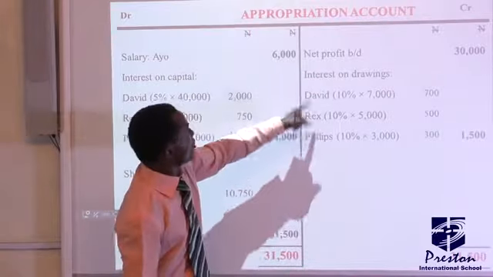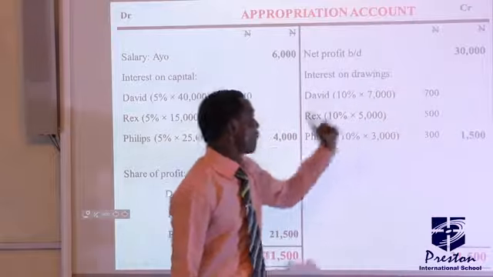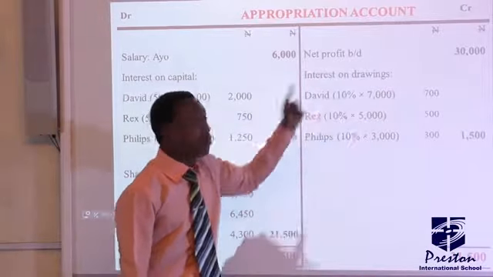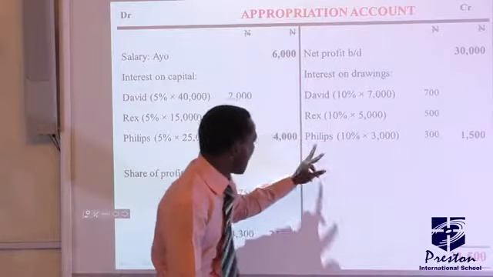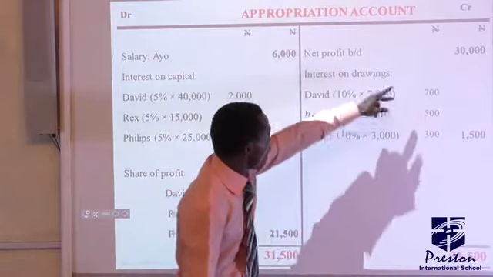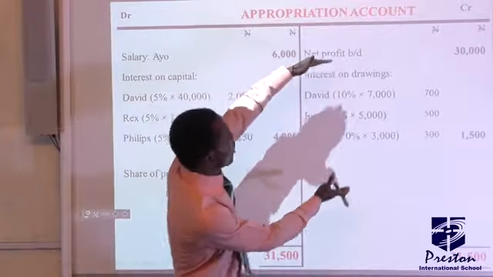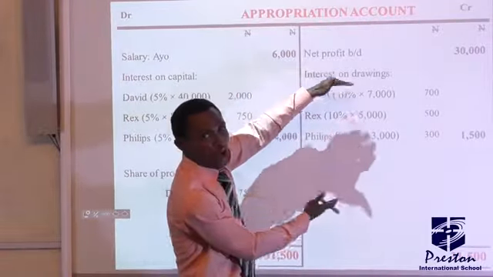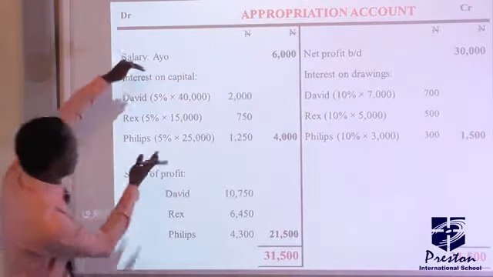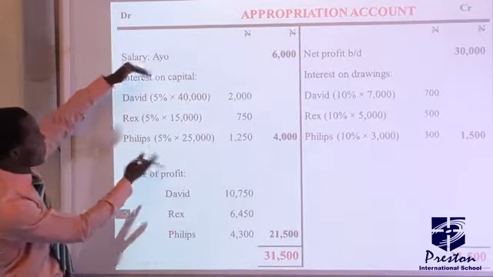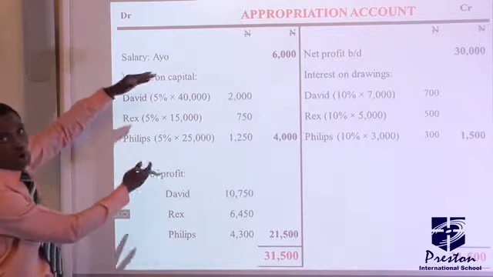That means David will be paying the business 700 naira for the 7,000 naira drawn by him. Likewise Rex, the same thing, and likewise Philip. The addition of all this comes here. Everything you have here is in the form of money coming into the business as profit for the partners, while the debit side is talking about money that will be going out of the business.